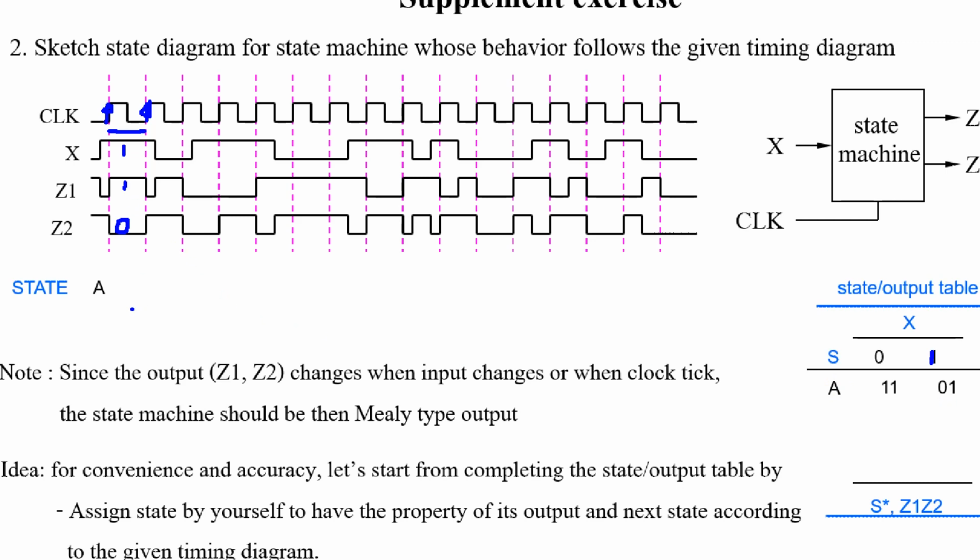But this one is 1, 0. So it cannot be state A here. So you must define a new state. I give the state B here. The property of state B is when x is 1, output is 1, 0. And now you also know that at state A, when clock ticks and input x is 1, it goes to B. Change from A to B when x is 1. So you can write state B here.